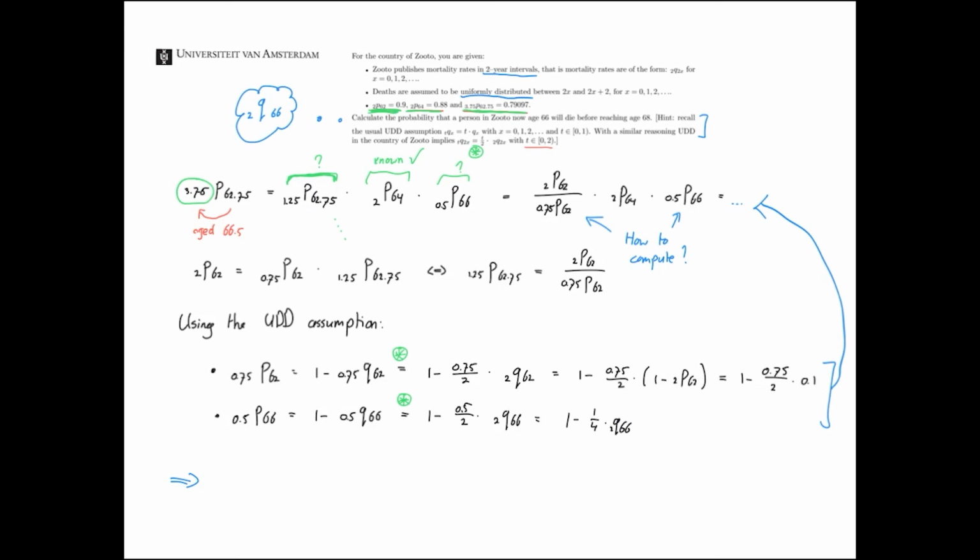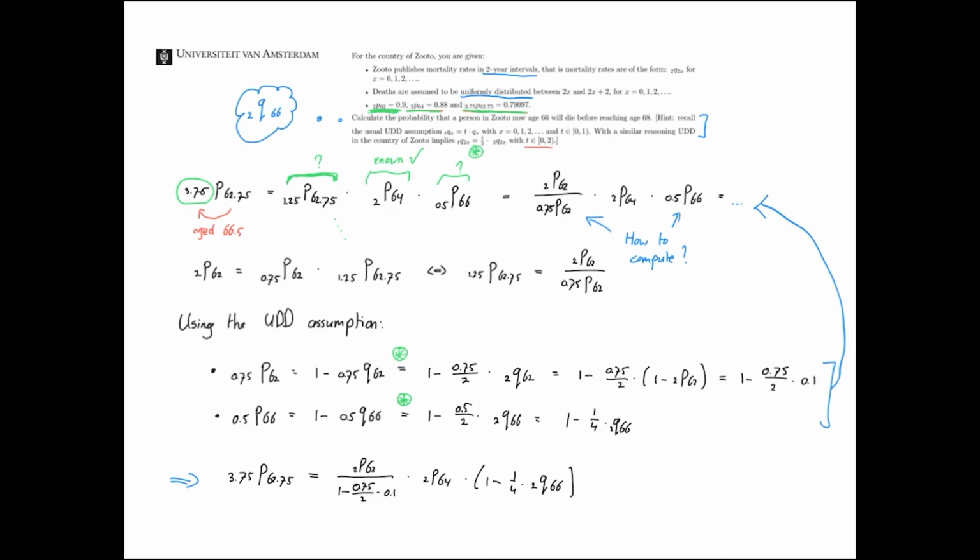We get that 3.75p62.75 is equal to 2p62 divided by 1 minus 0.75 over 2 times 0.1, times 2p64, times what we just computed, which is 1 minus 0... oh well, actually I wrote it already as 1/4 times 2q66.